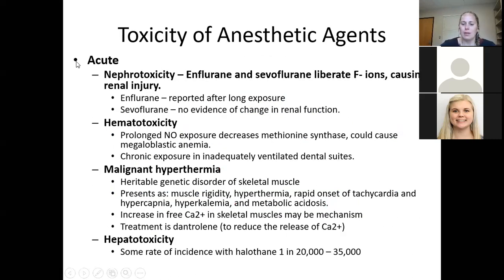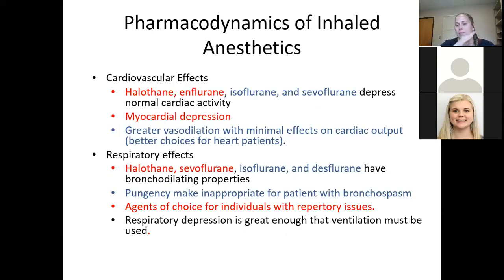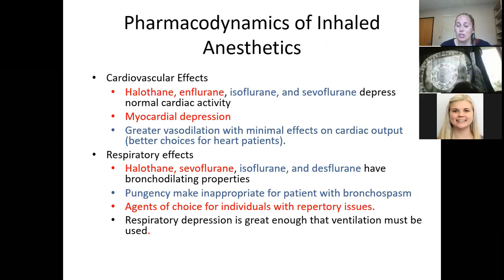What do you mean by pungency? So I can almost speak to isoflurane. It's almost like the smell to it is just so much that it takes your breath away, and so it can cause those bronchospasms just because of the irritant scent to it. But I see Keith's face, so I feel like he might have something to add here.